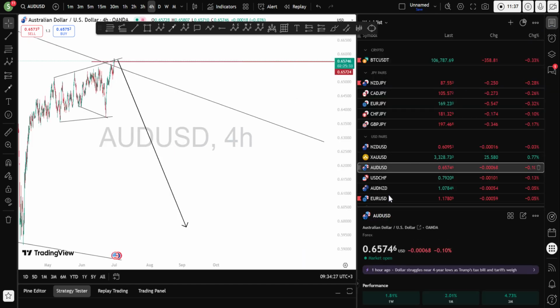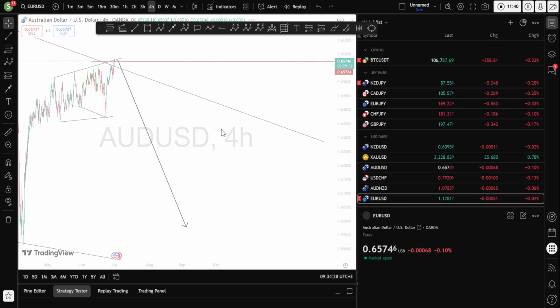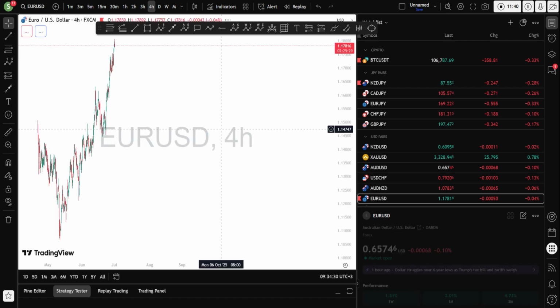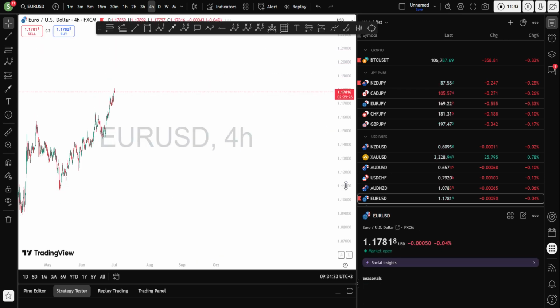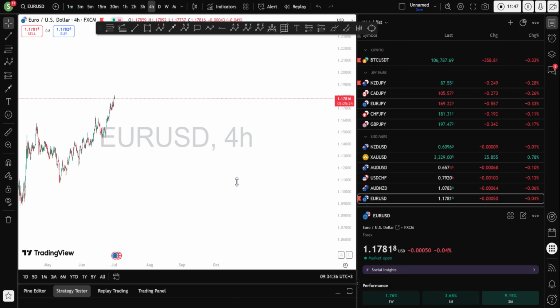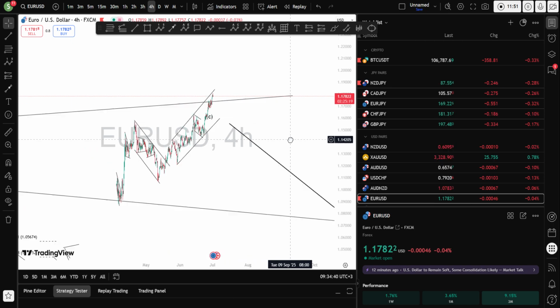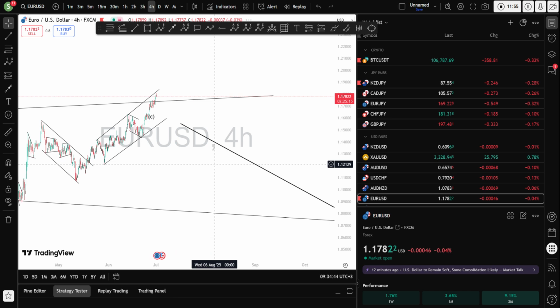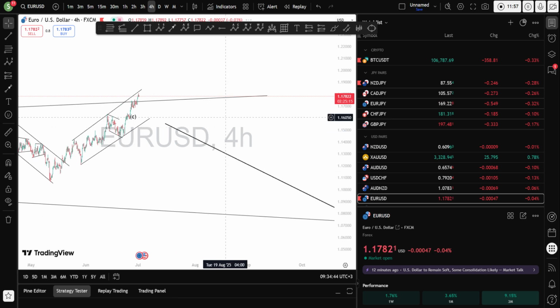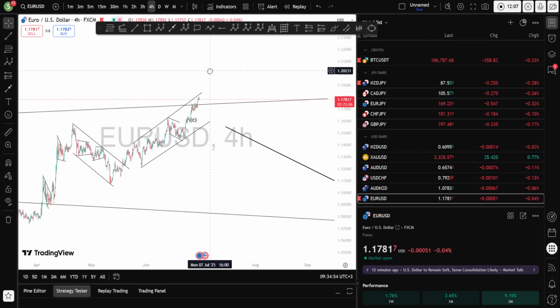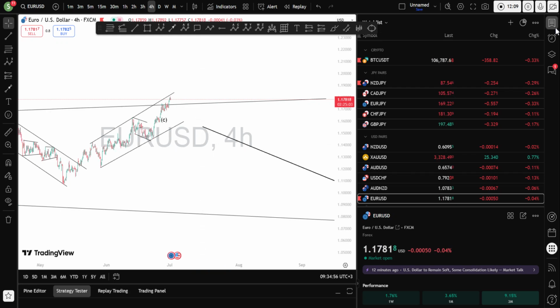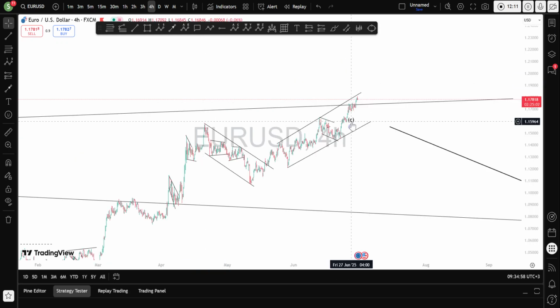Let's see EURUSD. First time frame, EURUSD also formed an ending diagonal, which is a reversal pattern.